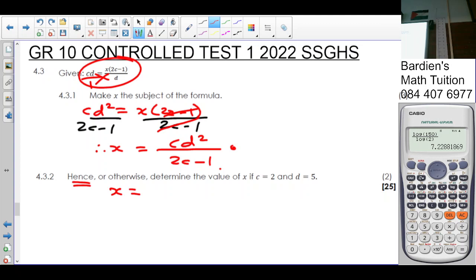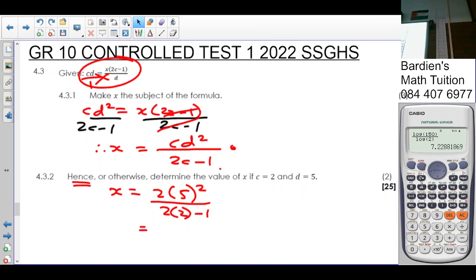So x is equal to c, which is 2, into 5 squared, over 2c, which is 2 minus 1. So you can put in a calculator, 2 open brackets, 5 squared, and this is all over 2 times 2 minus 1, which gives you 50 over 3. Okay.